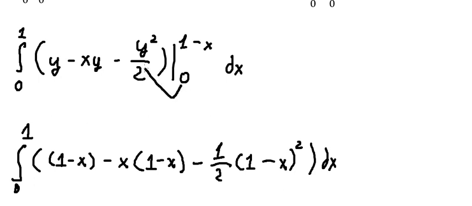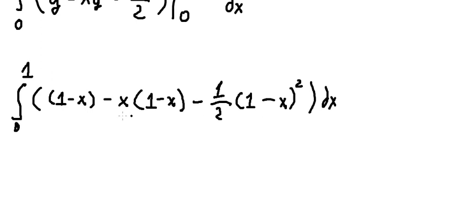Because if we put number 0 go here, the bottom you got number 0. That's why we just have only 1 minus x.